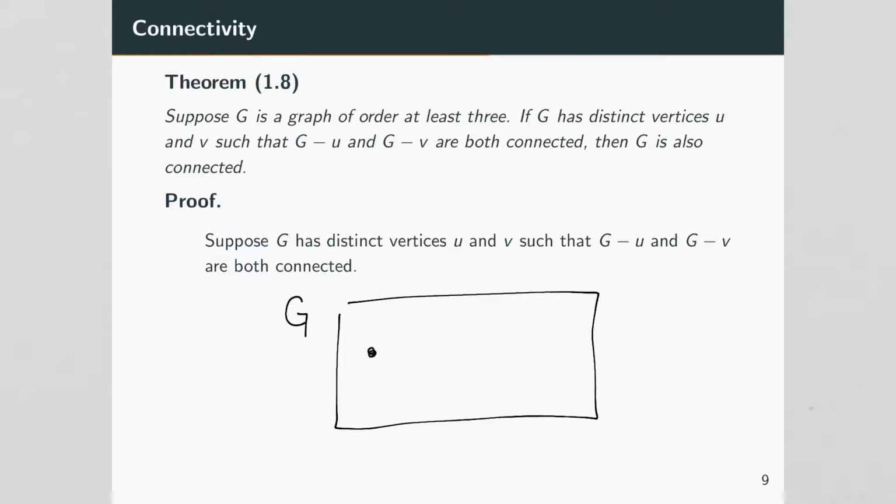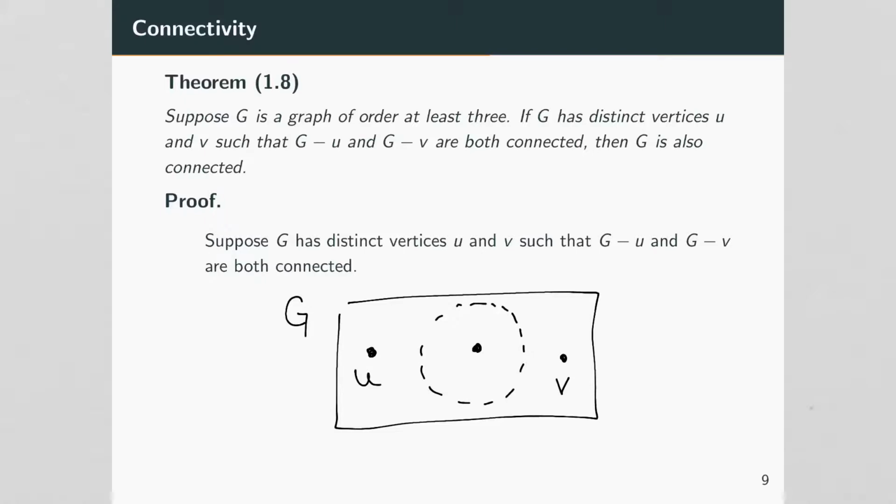We've got a vertex U, I'll put over here on the left, and a vertex V over here on the right. We know for any graph, no matter what it looks like, we can kind of put the vertices anywhere on the plane in our drawing. Now, it's got at least one other vertex, so there are some other things in the graph. So I'm going to represent this dotted circle as the rest of the graph.